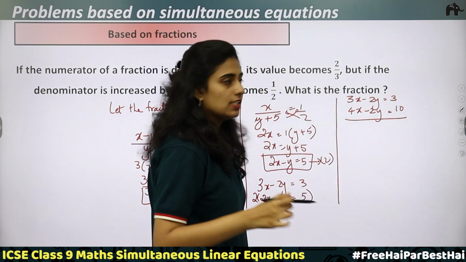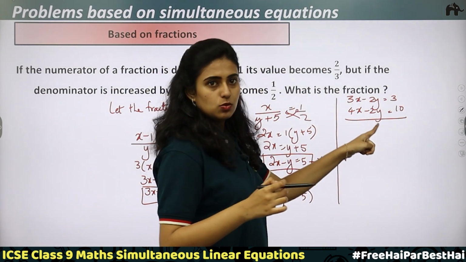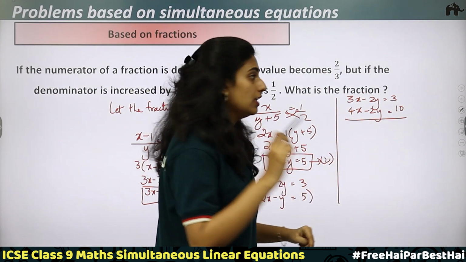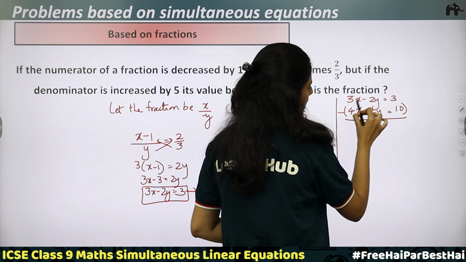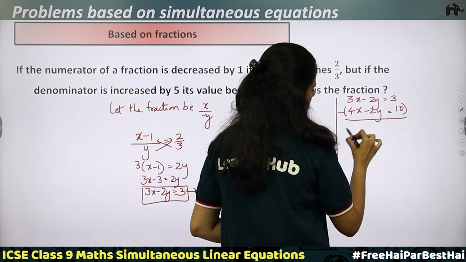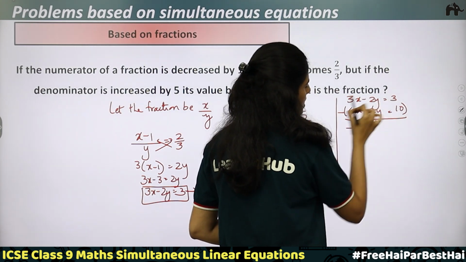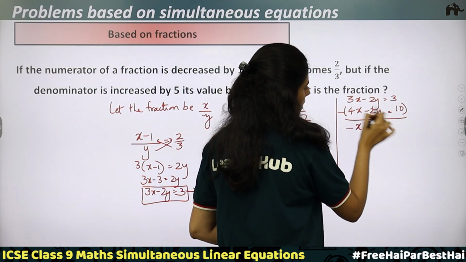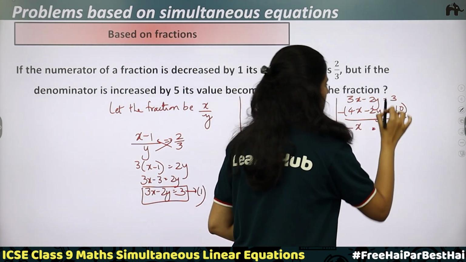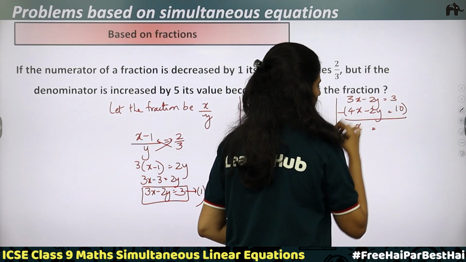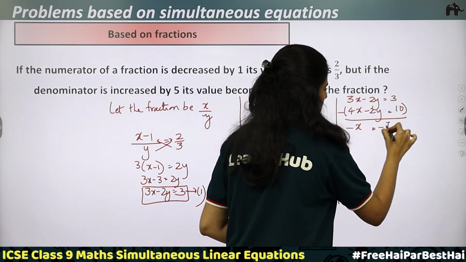Now you can see minus 2y, both of them have the same sign. So subtracting the second equation from the first equation: 3x minus 4x is minus x, minus 2y minus of minus 2y, minus 2y plus 2y is 0, 3 minus 10 is minus 7.